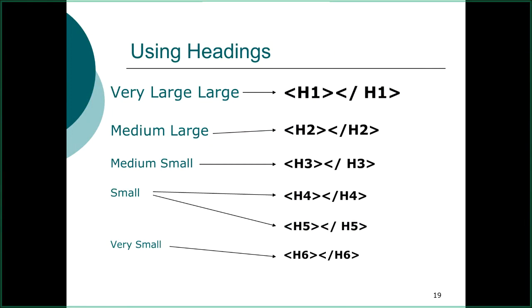All right, so standard heading styles apply. Just like you have in Word, you have different heading styles. The same occurs in HTML. Each H style has a different font size associated with it.